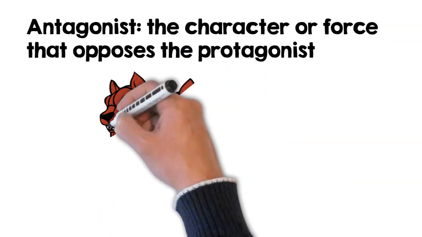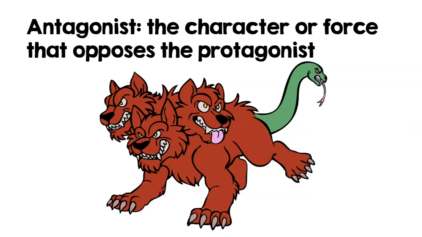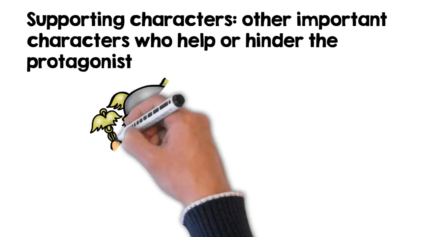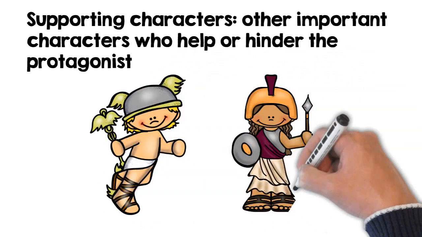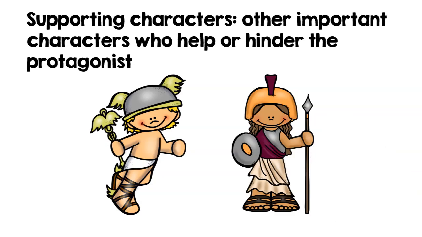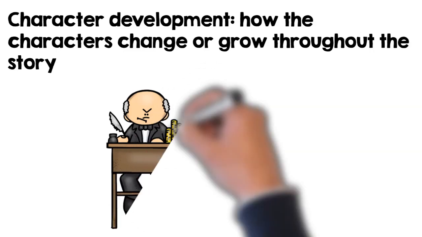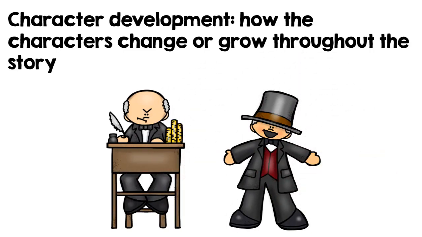Antagonist, the character or force that opposes the protagonist. Supporting characters, other important characters who help or hinder the protagonist. Character development, how the characters change or grow throughout the story.